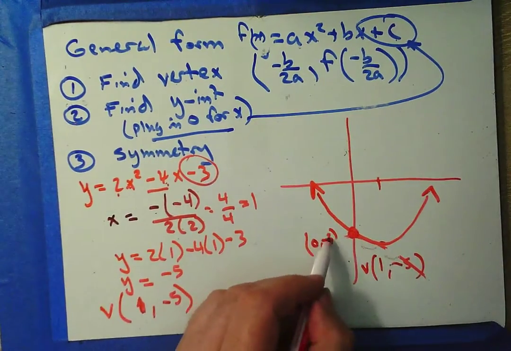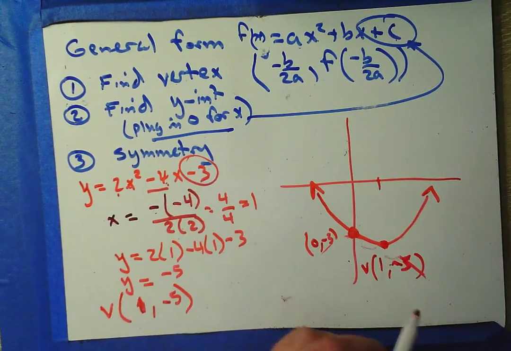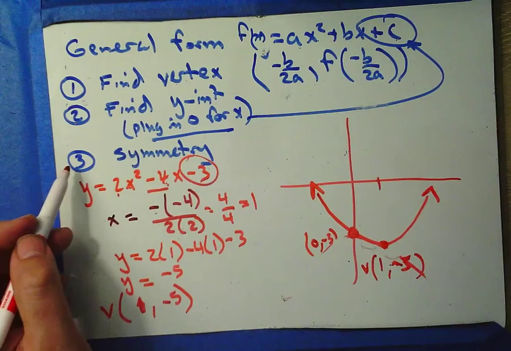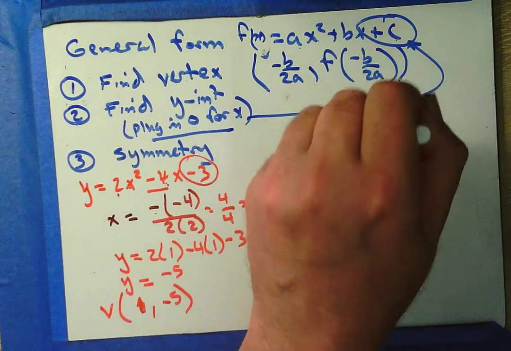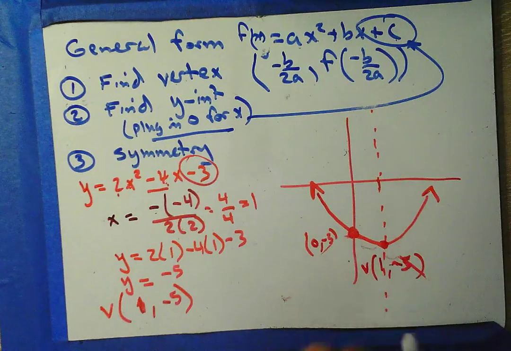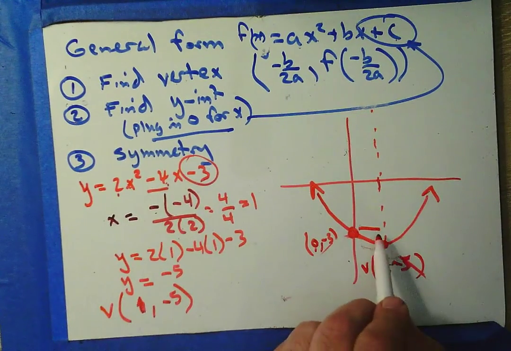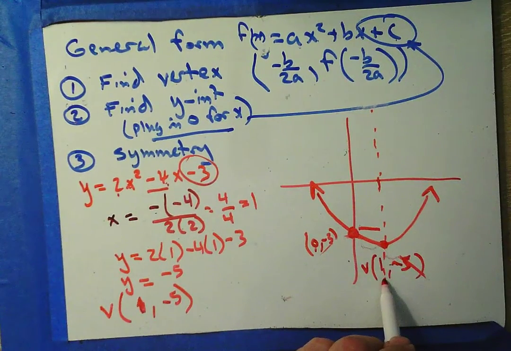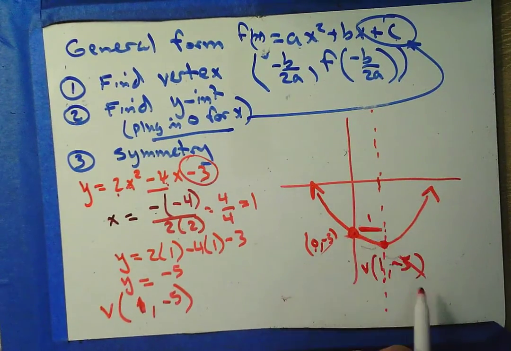Okay, we've got 0, negative 3. We've got 1, negative 5. Now I need a third point, and I set up here that I would use symmetry to find a third point. Well, there's an axis of symmetry in every parabola, and we're going to make use of that. What's the distance from x equals 0 to x equals 1? What's this horizontal distance from 0 to 1?